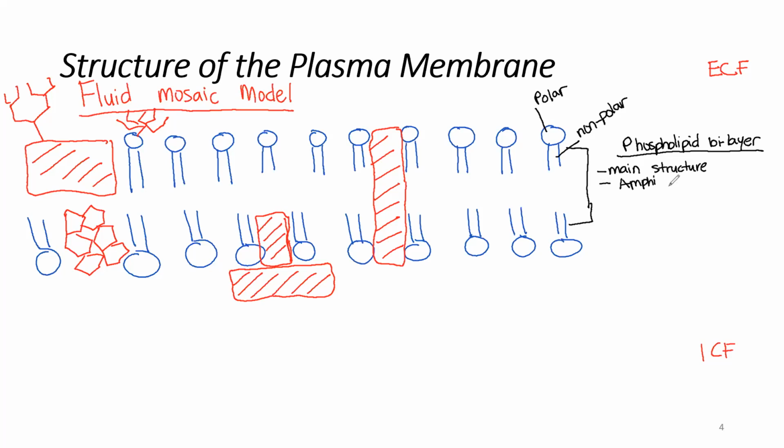They can face the aqueous environment on one end and the non-aqueous environment on the other end. The third thing is that they offer fluidity and flexibility to the membrane. Because they're not rigid structures, these partly polar, partly non-polar, they offer fluidity and flexibility to the membrane.